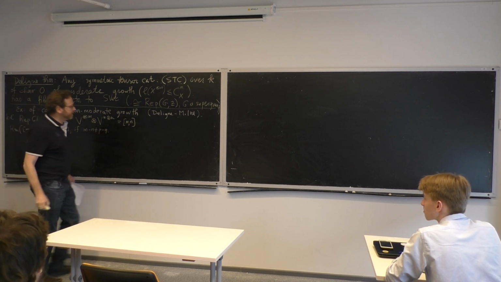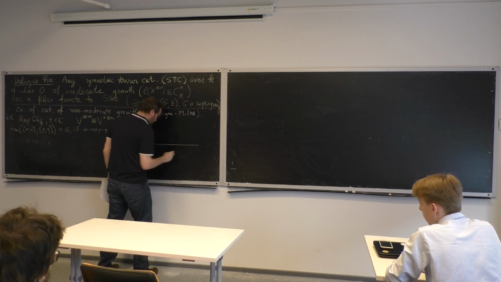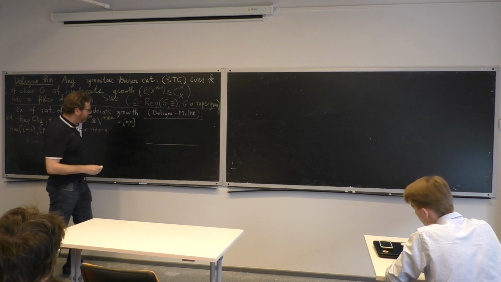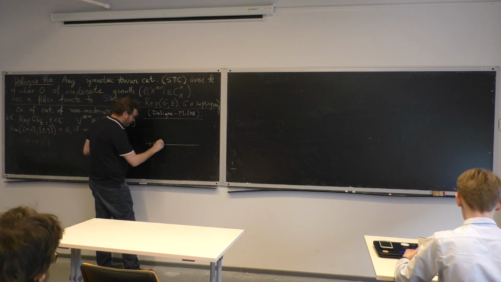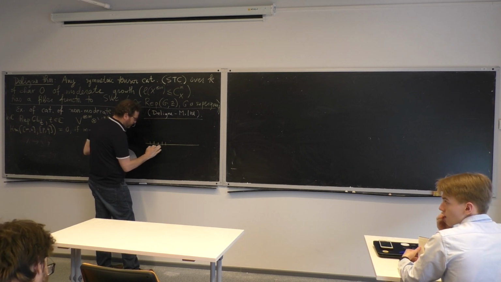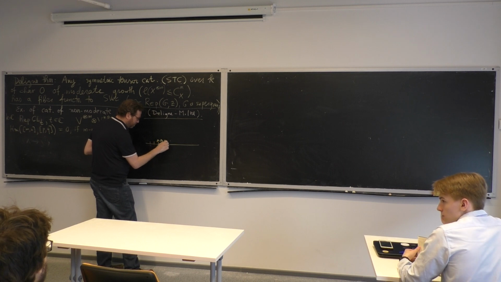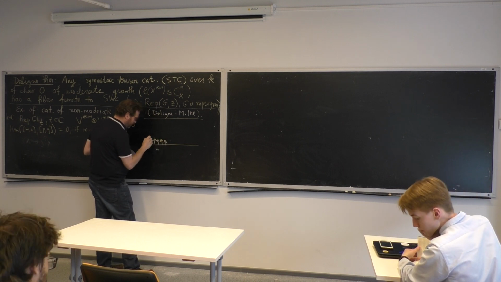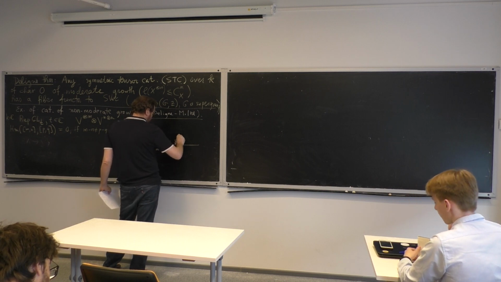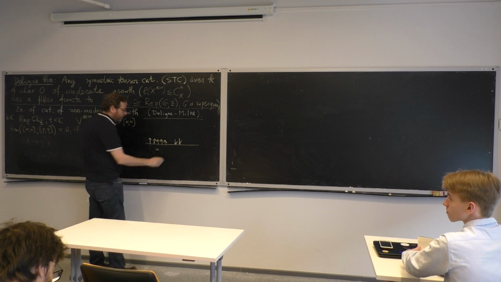But if m minus n is equal to p minus q, then we're supposed to draw a picture. Let's say this is the source and this is the target. Here we have m copies of V, and the copies of V will be denoted by outgoing arrows. And let's say we have n copies of V dual, and this will be incoming arrows.